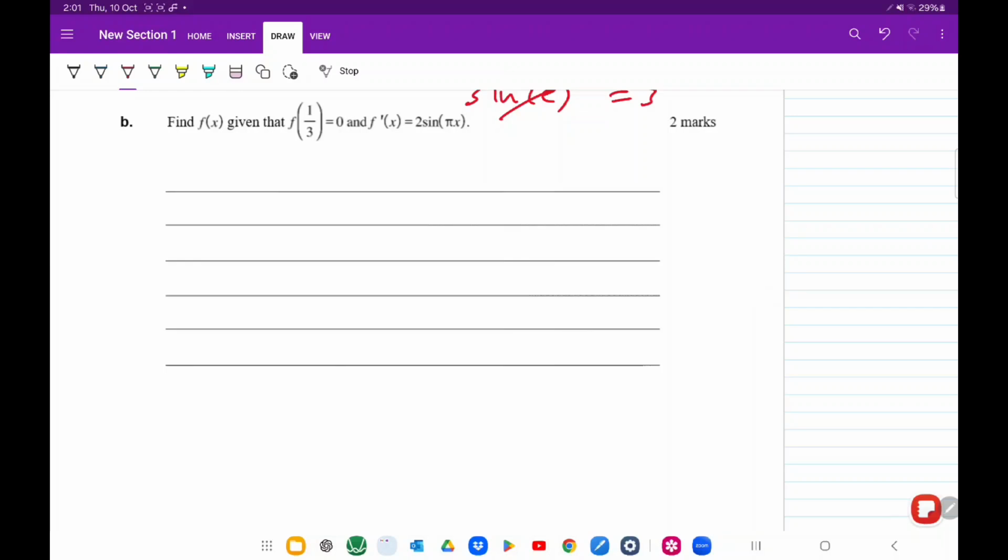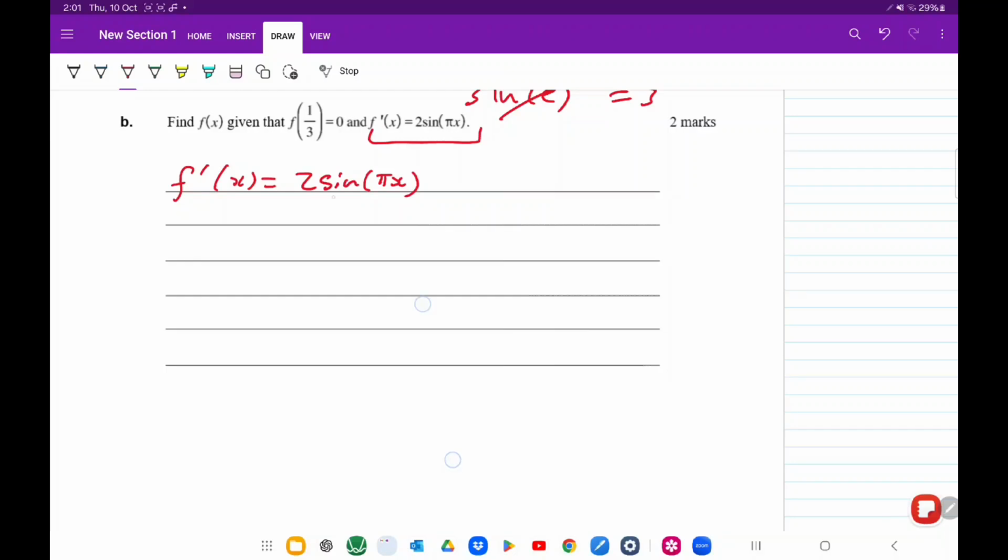Alright, next component says, given that f dash of x is equal to 2 sine pi x, find f of x.